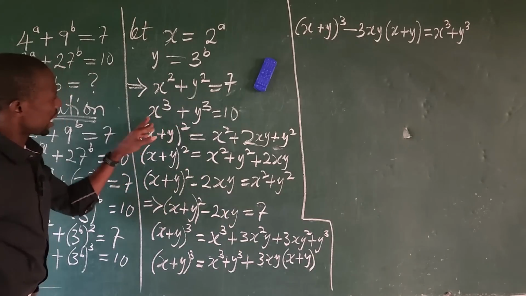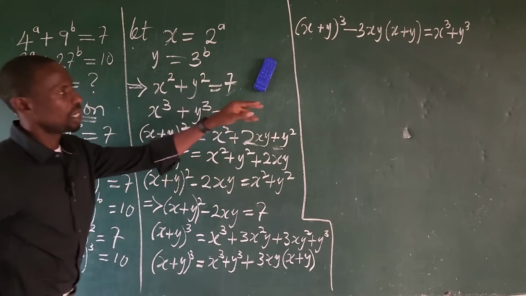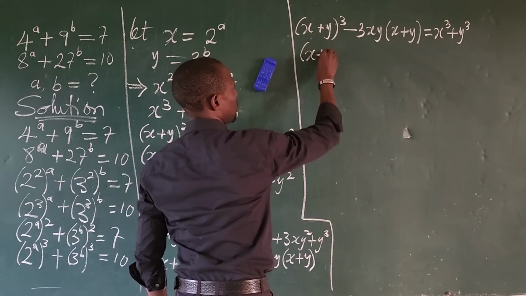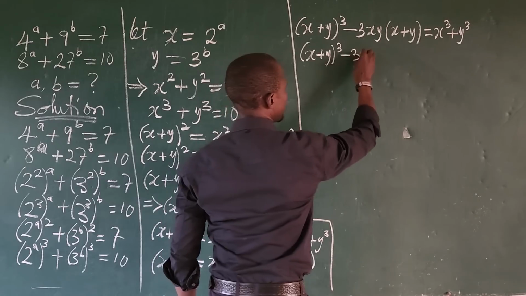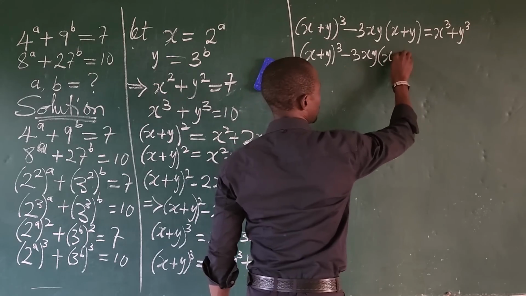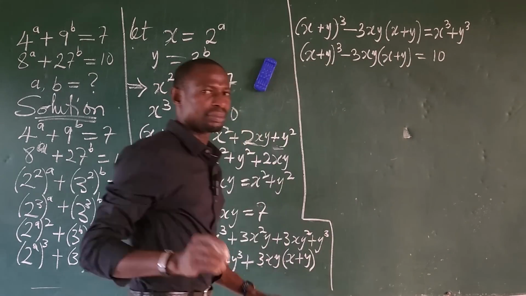Again, look at what we have here: x to the power of 3 plus y to the power of 3 equal to 10. So we can replace this with 10. So we have (x + y) all to the power of 3 minus 3xy (x + y) equal to 10.